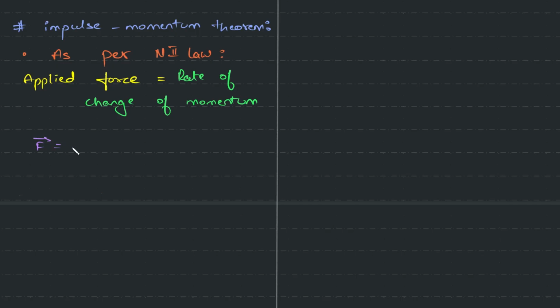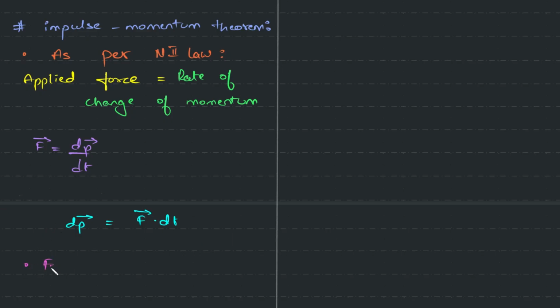So force can be defined as rate of change of momentum, or we can rewrite this as change in momentum is the product of force into time, right? This of course we know.